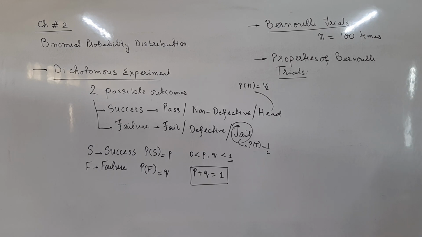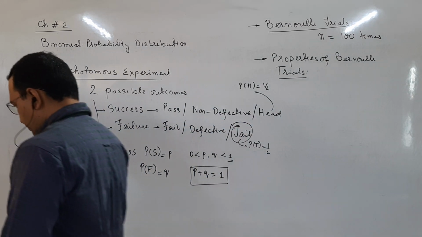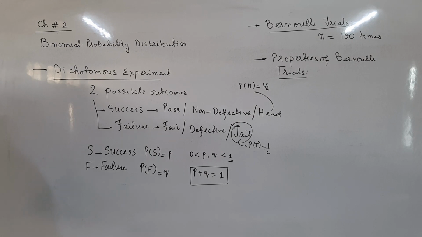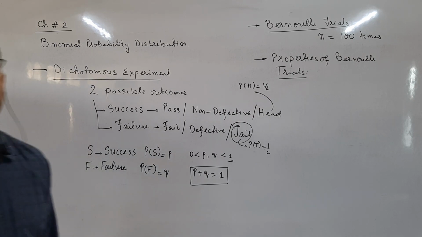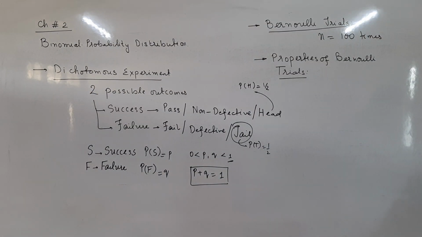Then Bernoulli trials are mutually independent. Say I have tossed a coin for 5 times. Now again I am tossing for the 6th time. Then the probability of getting a head or tail in the 6th trial is independent of the first 5 trials. So Bernoulli trials are mutually independent.